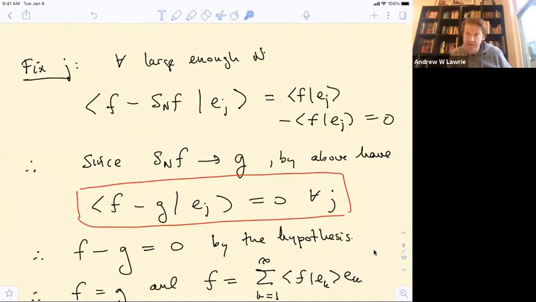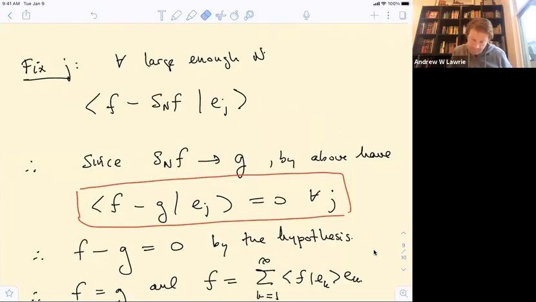Well, on the one hand, let me just expand it out. Let me erase this line and I'll expand it out a little bit more carefully.